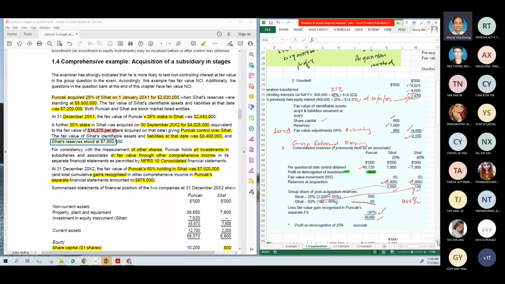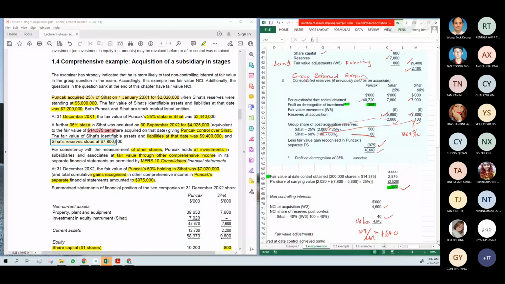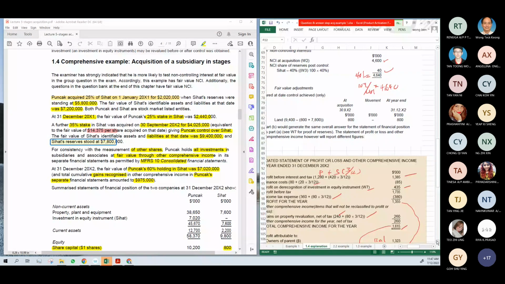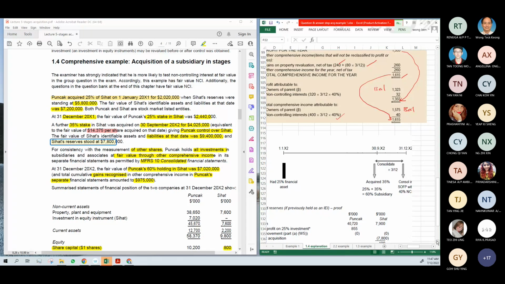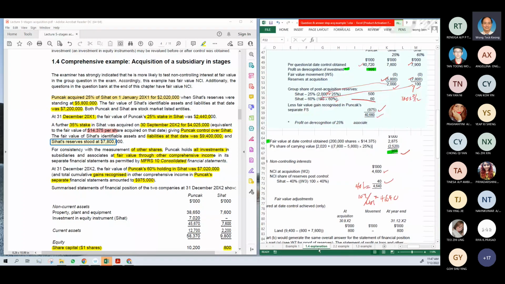So 7.8 minus 5.8, you times 25% plus the original cost, equity accounting, you get 2,520. Compare with previously held share, 2,875, so you gain 355, so you charge to the group retained earnings or your P&L. Both. Okay. To here, clear?